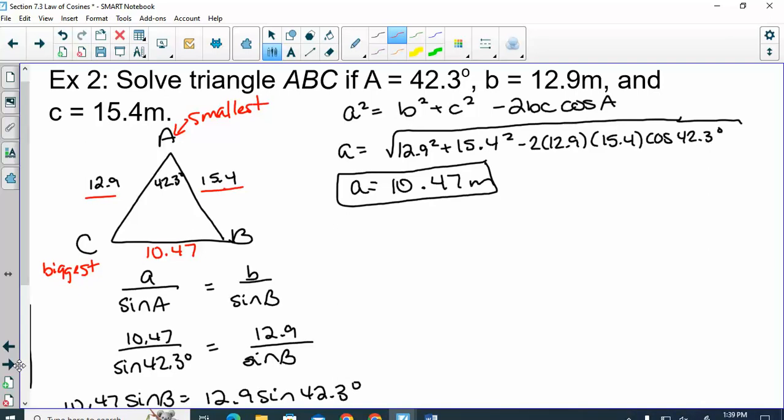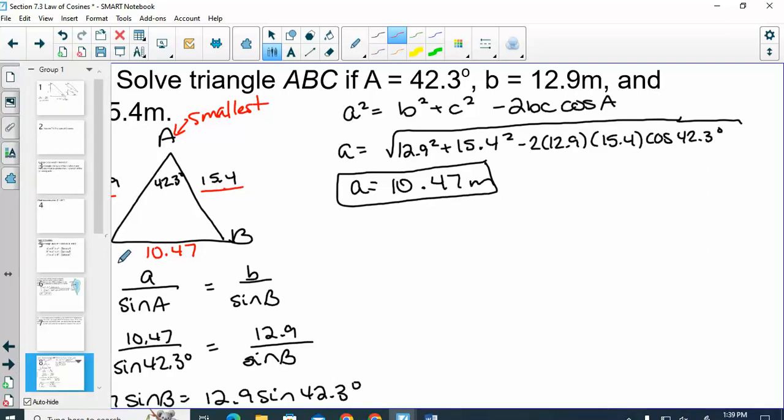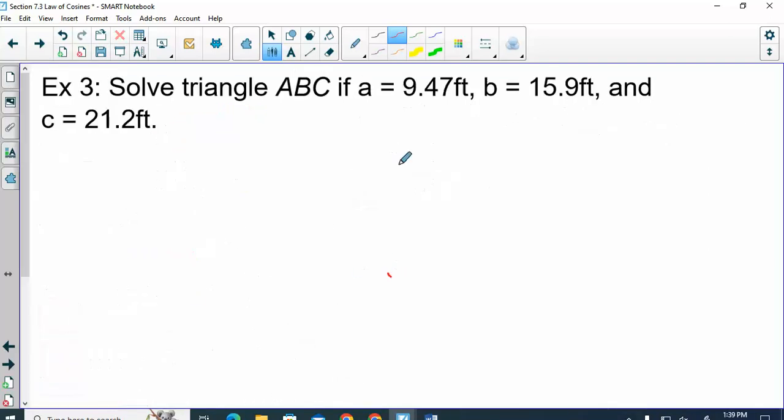We'll do one more for sure, and then if we need another one after that, we will. Looking, you find everything in triangle ABC.